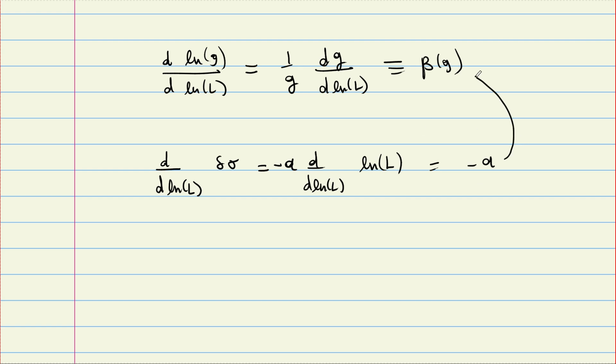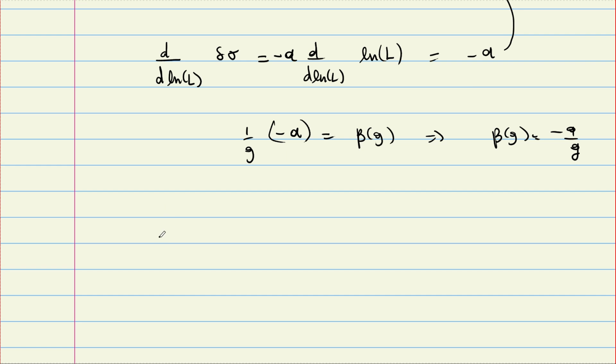Then by comparing with this line, 1 over g times dg d ln L is minus a over g, equal to beta of g. Then to this order, beta g has a minus a over g contribution.